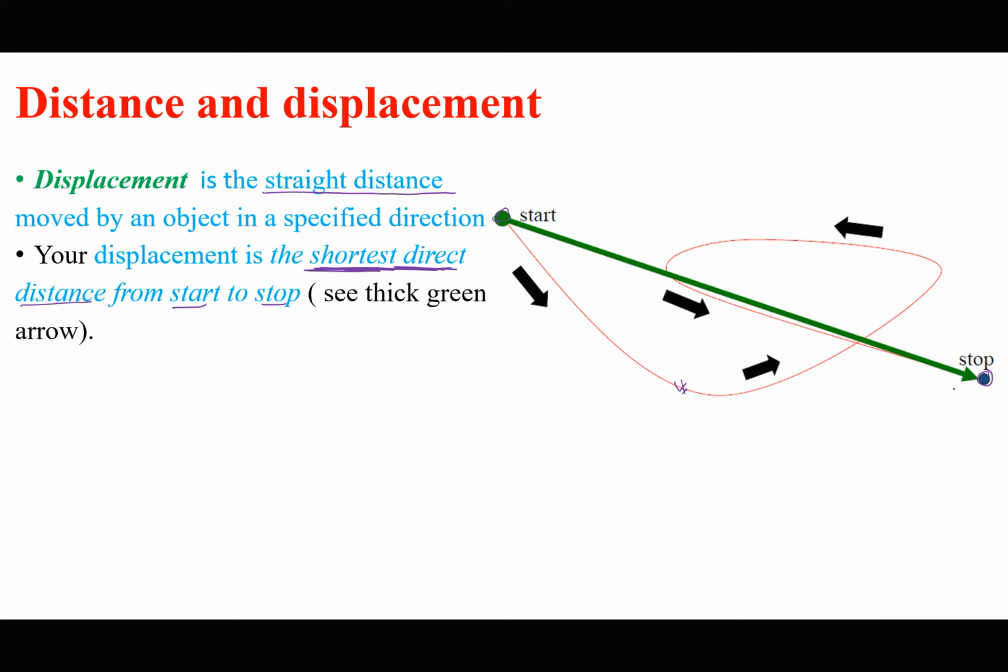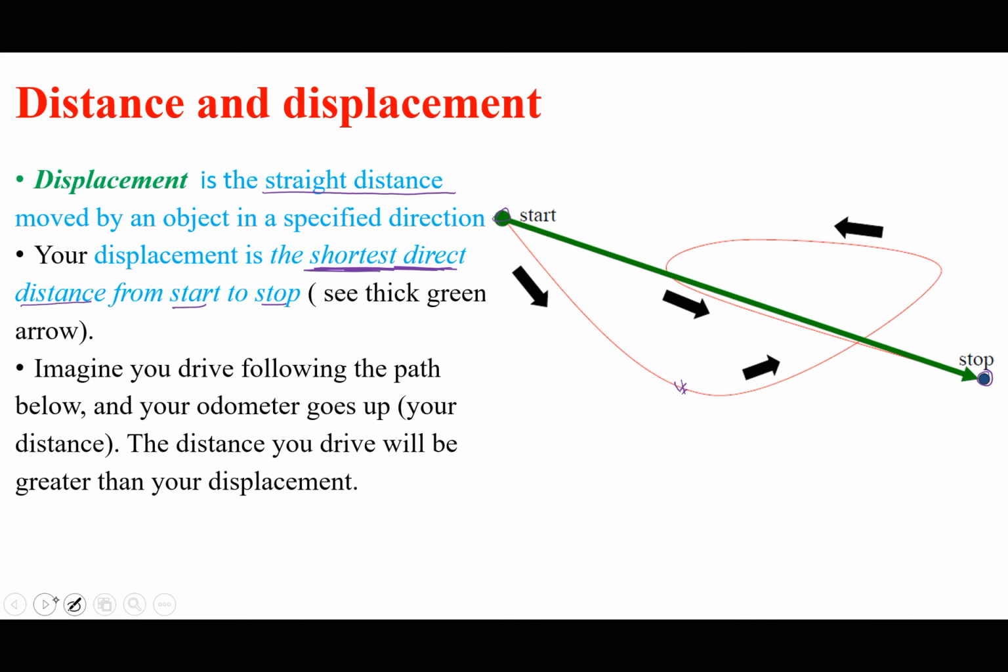So an example is, imagine you drive following the path beside. Imagine your odometer goes up, that is it reads your distance. The distance you drive will be greater than your displacement.